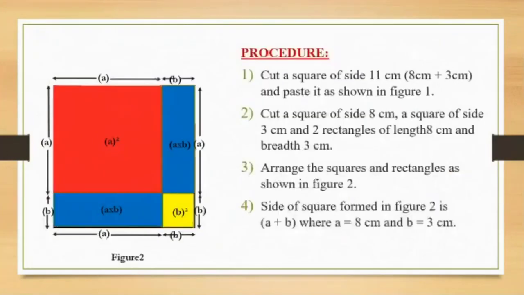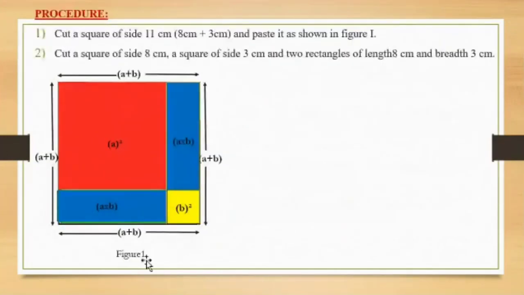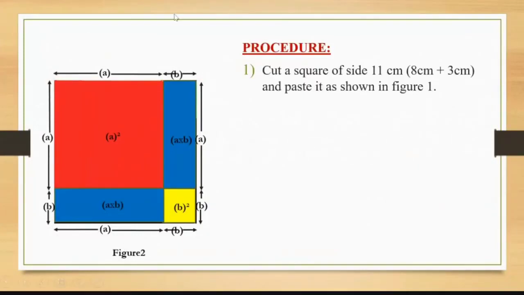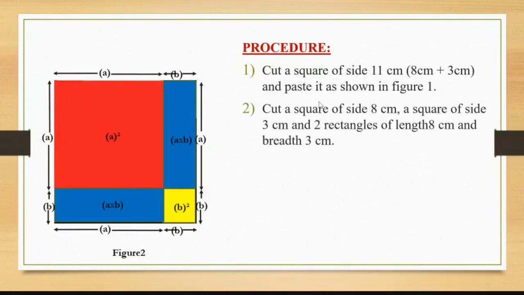So let me explain the procedure once again. We had taken a square first of all of side 11 centimeters and pasted, and that was figure 1. After that, we took two squares, one of side 8 centimeters, which is a², and the other, this yellow square of side 3 centimeters, which is the square of side b, so its area becomes b².